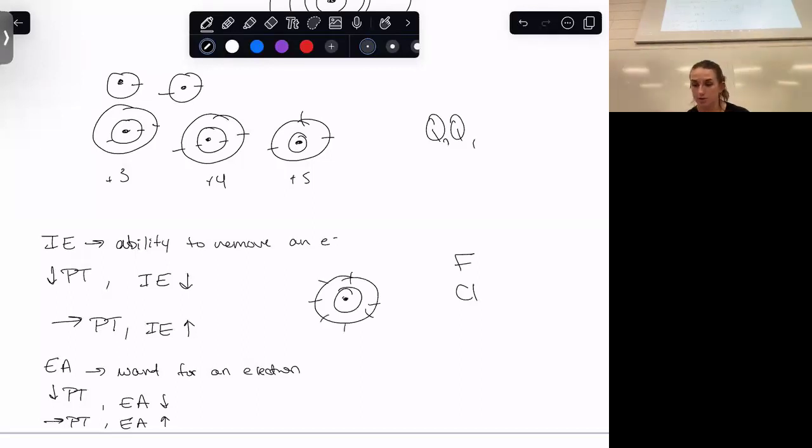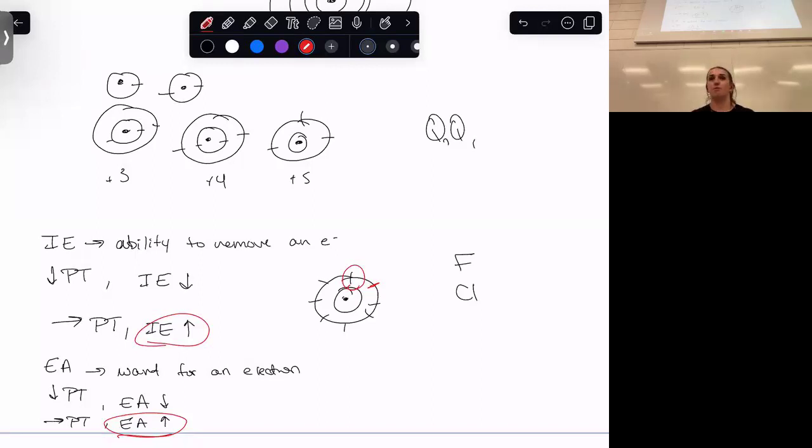This electron here is going to be really, really hard to remove because it really wants another electron here. So its want for an electron, this portion down here, is really, really high. And so in order to remove that electron, it's going to take a lot of energy because it's so tightly held. Does that make sense?